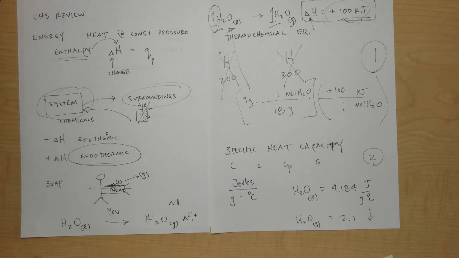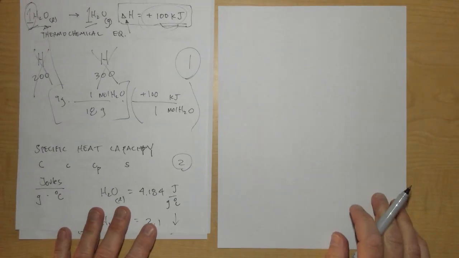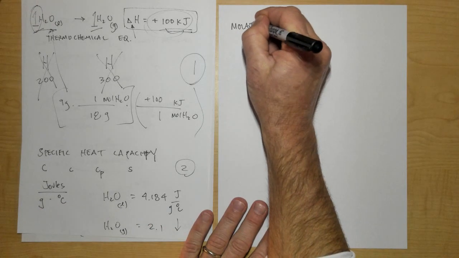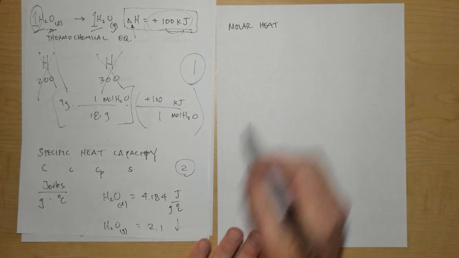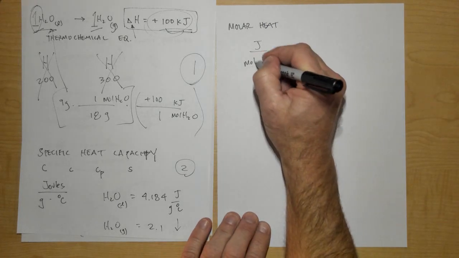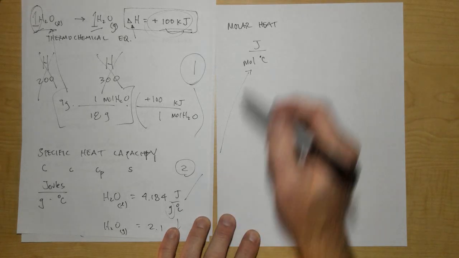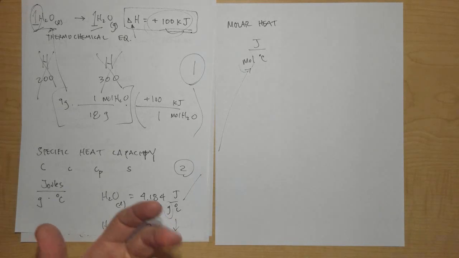There's a table of these in your textbook. This gives rise to something known as the molar heat capacity. Molar heat capacity is simply joules per mole degrees Celsius, and converting between these two just means changing from grams to moles. We'll see that in a sample in one of your homework problems that you're supposed to do today.